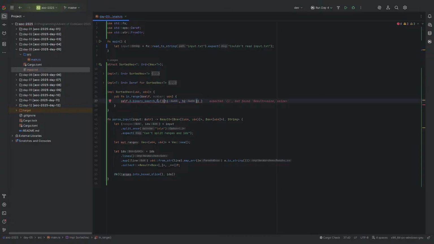Question is, why does that only give me one element here? Self should be... I don't get it. Why is that only expecting... Why is that giving me reference to a single U64 when it's implemented for a tuple? That doesn't make sense.